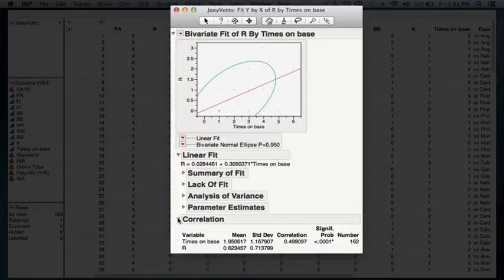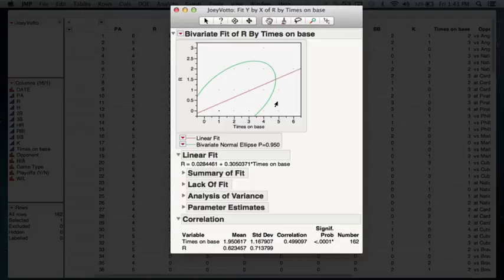The first thing that you'll see is that this line, looking at the graph, has a positive slope. And looking at the correlation part here, it has a correlation of 0.5 or 50%. And that's a decent correlation. That means that there's a somewhat strong correlation between the number of times Joey Votto got on base and the number of runs he scored.